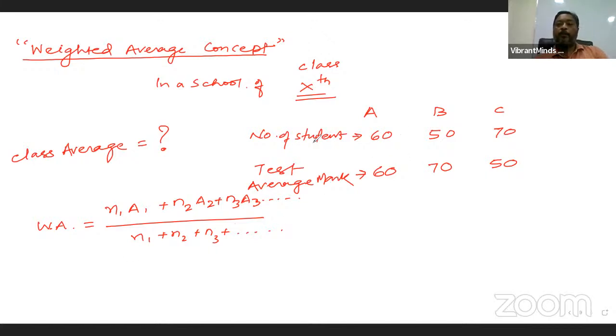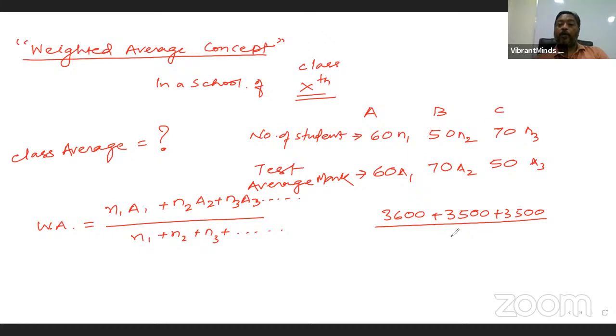So this is my N1, this is my N2, this is my N3. This is my A1, this is my A2, and this is my A3. So N1 A1, what will it be? 3600. 5 7s are 35, so 3500. Now how many students? 60 students, 50 students, and 70 students.